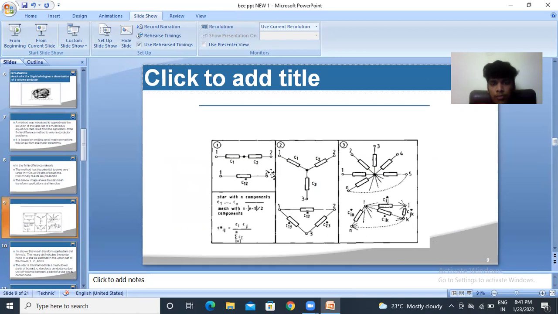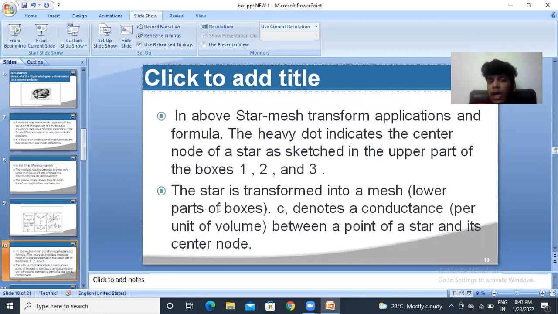Now the star is transformed into a mesh in the lower parts of the boxes.